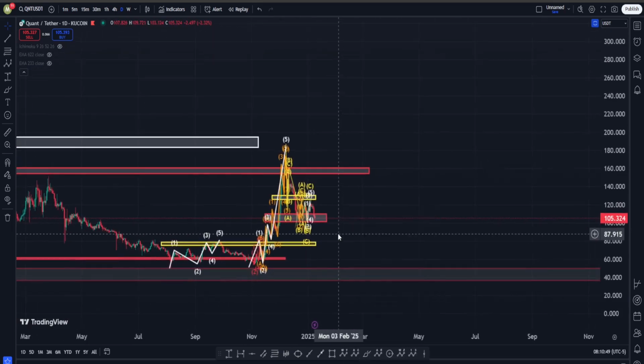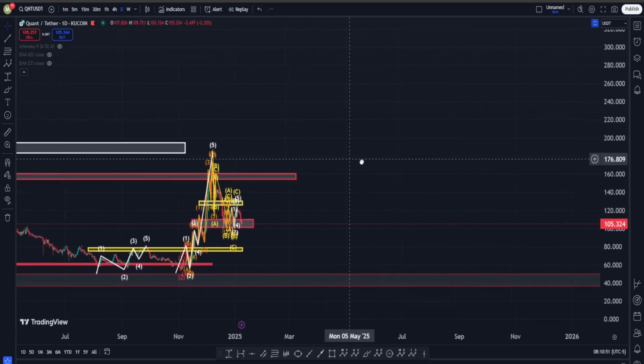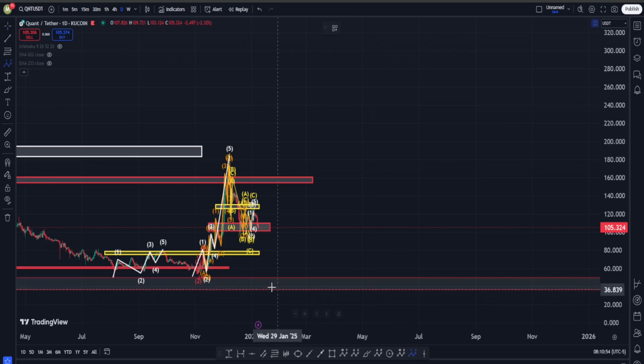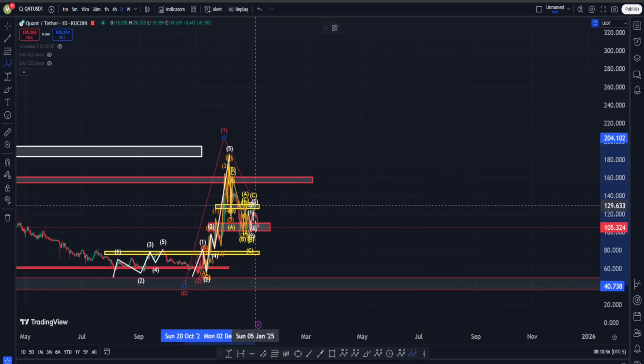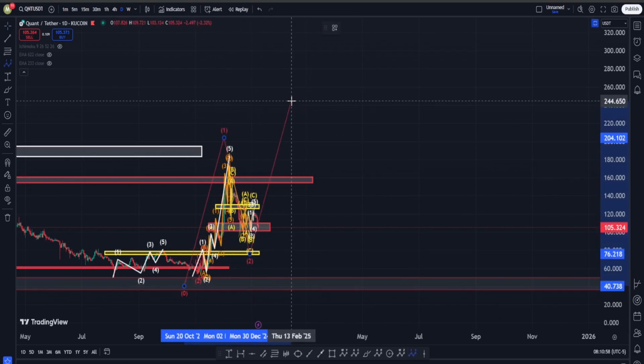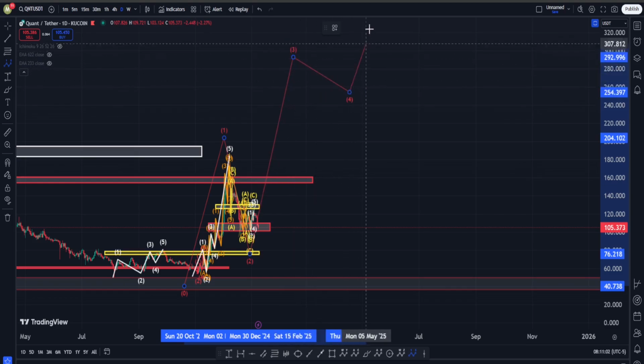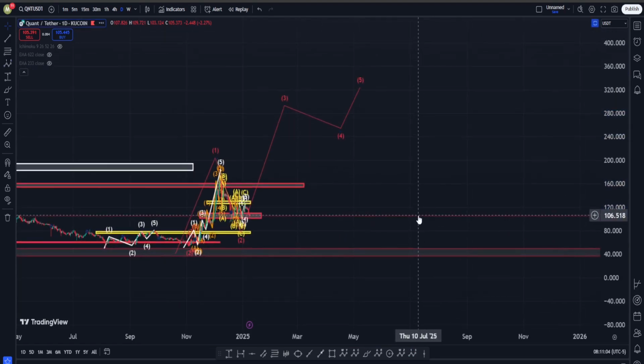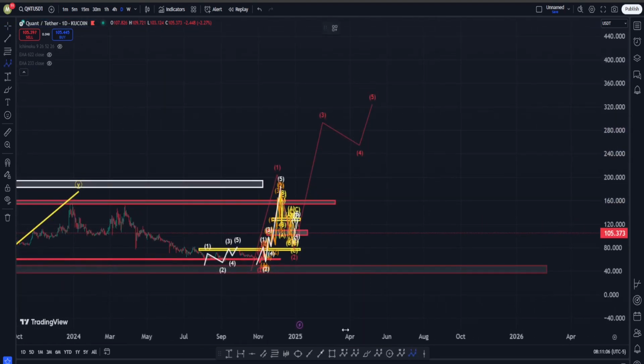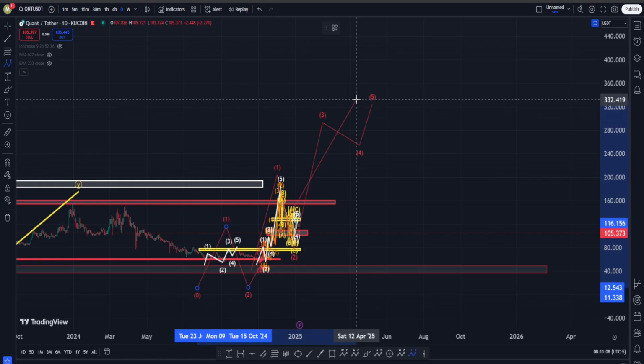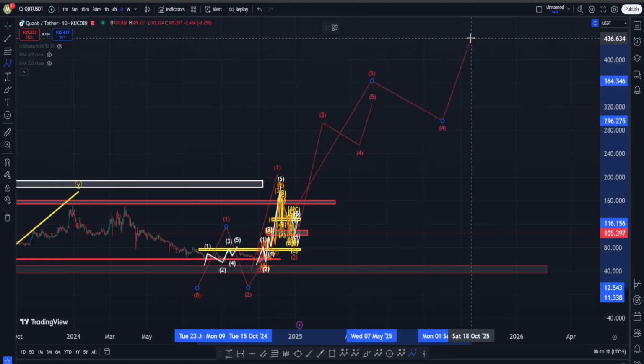I'm going to argue this is probably much more bullish than we all think. This can be 5 up into 1, correction for wave 2, and soon I'm willing to say we are going to have a huge move up into wave 3, 4, 5, which on a higher degree is going to be a larger degree wave 3, and then 4, and then 5.